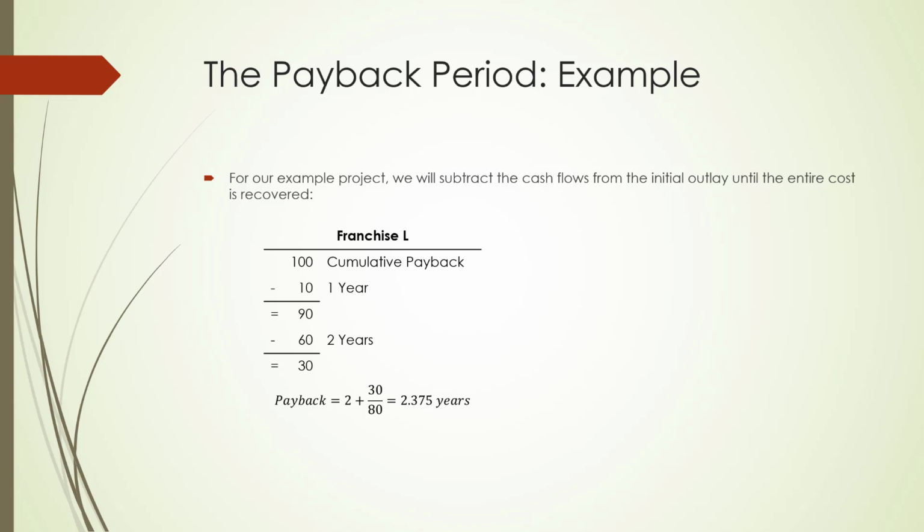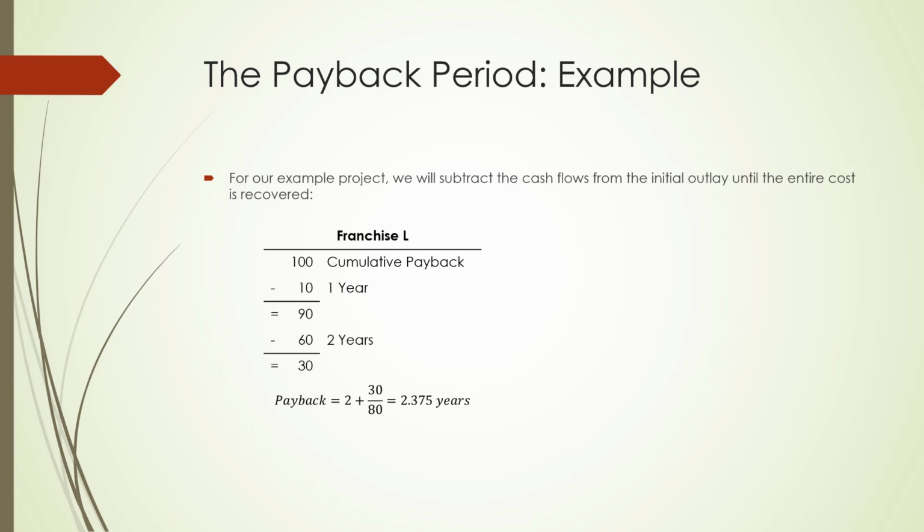So we take our initial $100 investment minus the first year's cash flow of 10. That leaves us with 90 still to be recovered. Then we subtract off year 2's cash flow of 60. That leaves us with 30. And if we subtracted year 3's $80 cash flow, we would end up negative. So we know our cash flow is somewhere between 2 and 3 years.